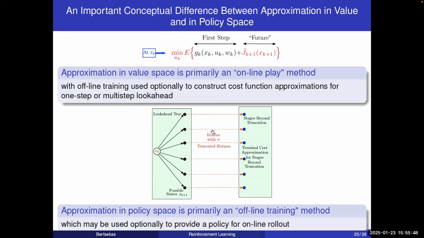Because as you may recall, in rollout we need a base heuristic to solve the problem. So the policy obtained through approximation in policy space can be used as the base heuristic. And this is one way that this policy obtained through approximation in policy space can be improved.